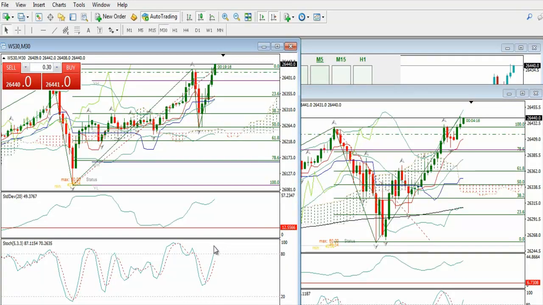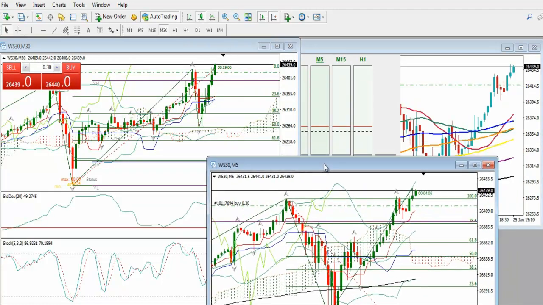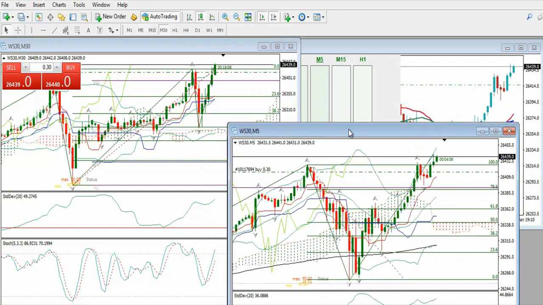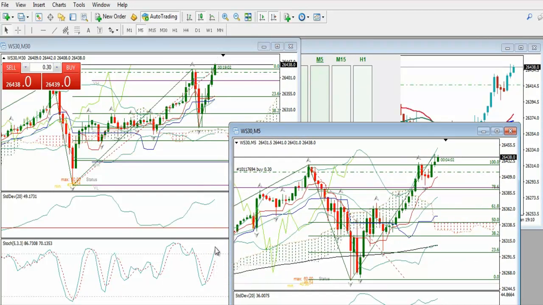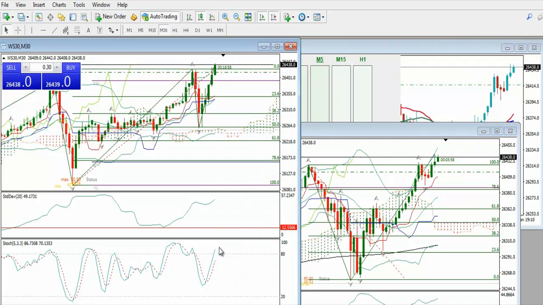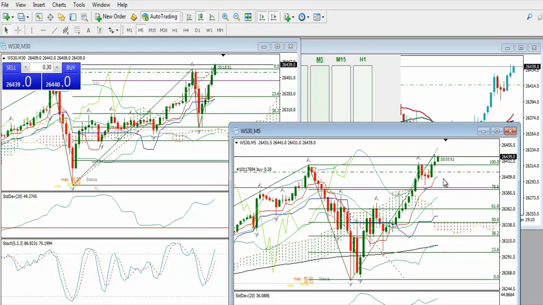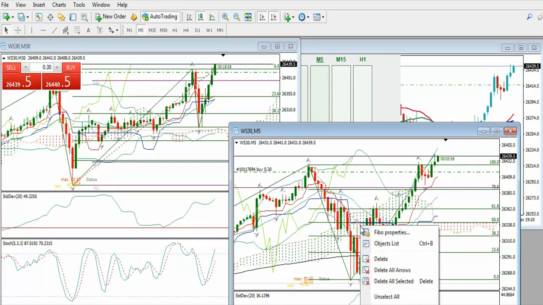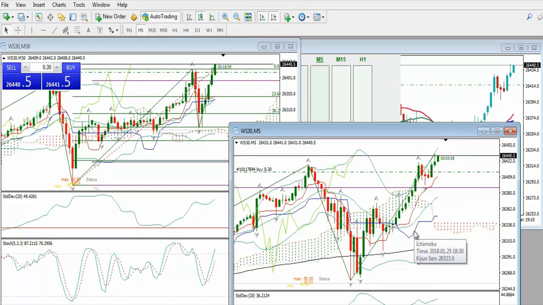Stochastic has some more room there, so maybe it will give us some profits right there, but I have to be really cautious, and I will follow every little step right here with a take profit, for example, there. Let me see. No, for some reason I cannot put it there. Let me take away this thing here.